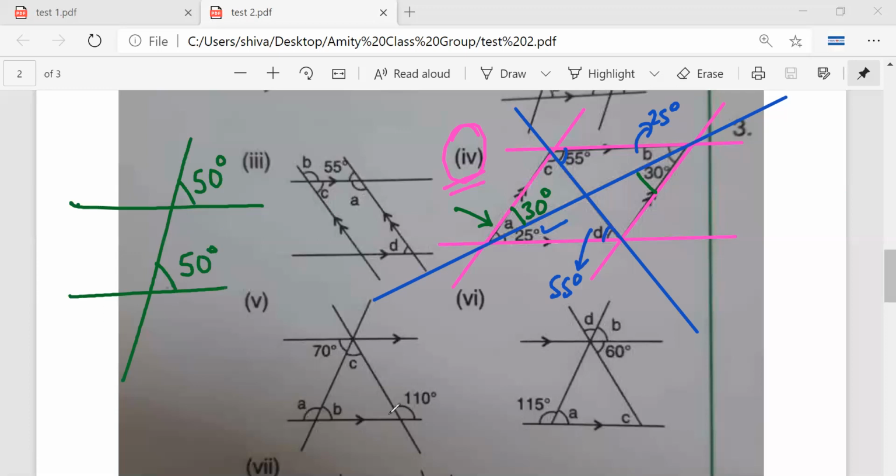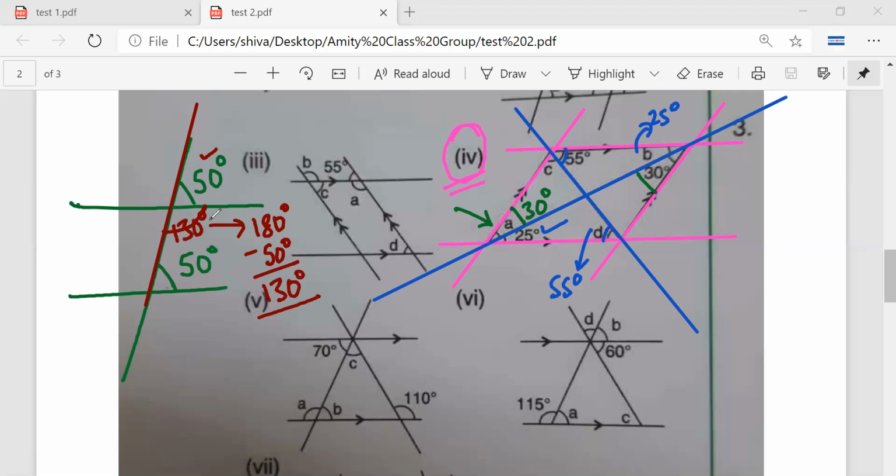Because it's forming an F. If this is 50 degree, what will this be? Mr. Sarthak, what will this angle be? This is 50 degree. Therefore, this angle would be 180 degree minus 50 degree is equal to 130 degree.